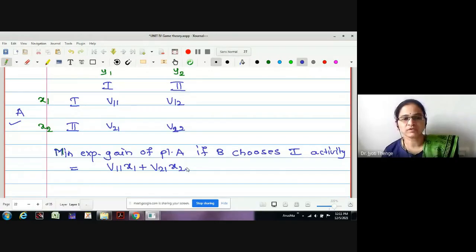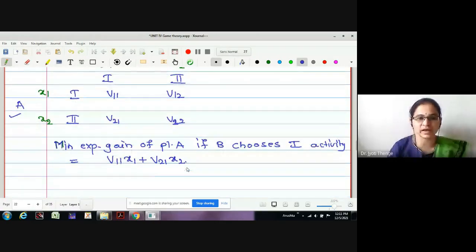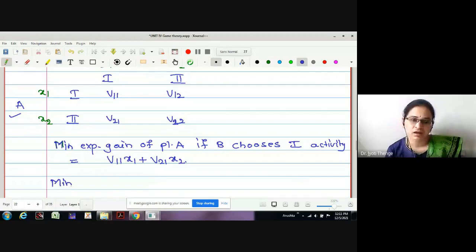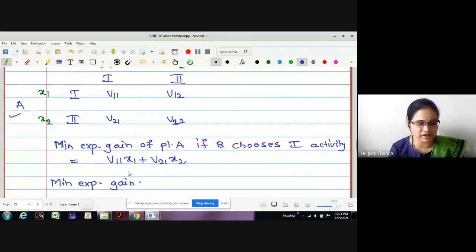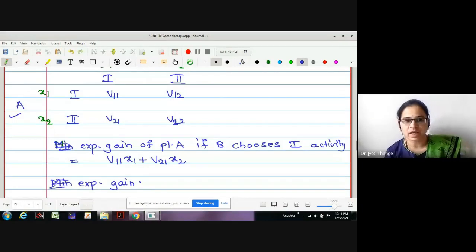Then what will be the minimum expected gain of player A? Instead of writing minimum, I will write only expected gain. Then we will find the minimum. Therefore, let me write expected gain of player A if B chooses the second activity.